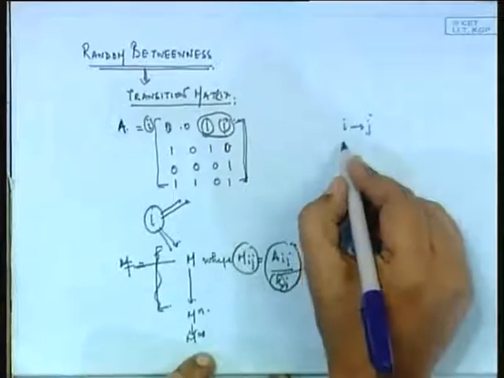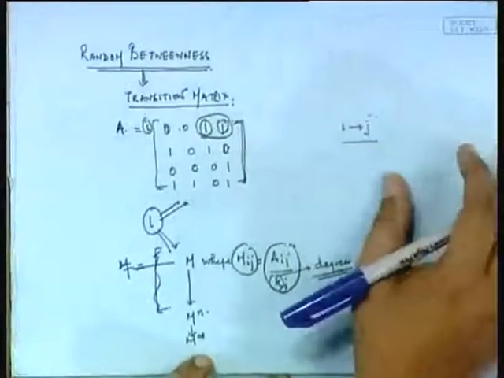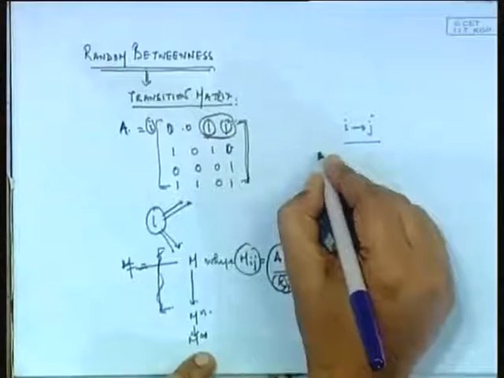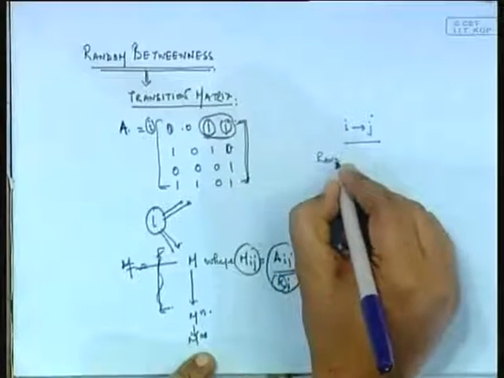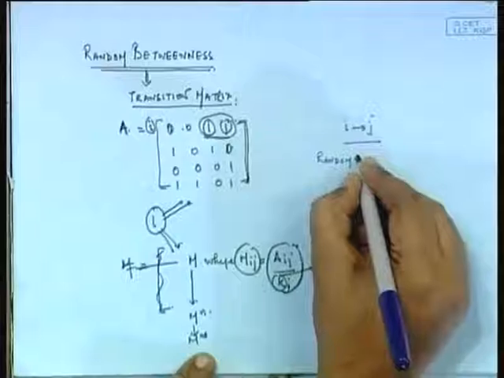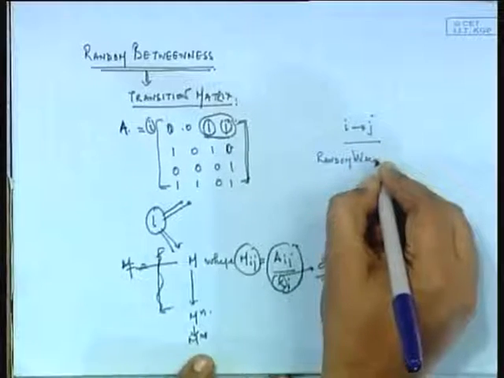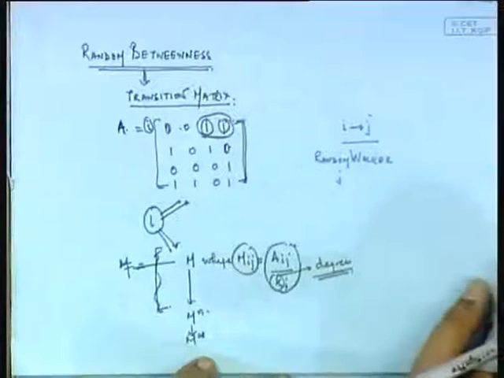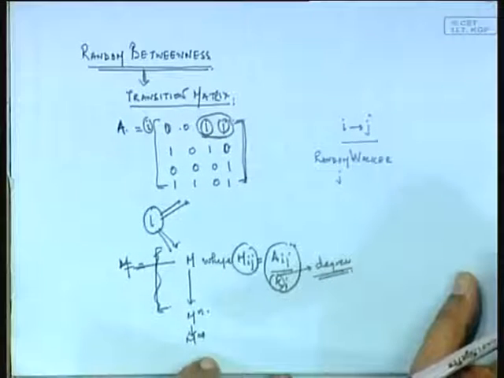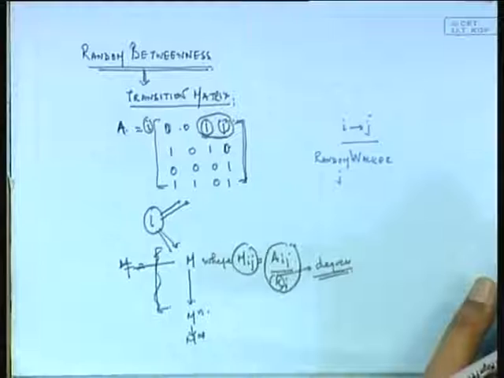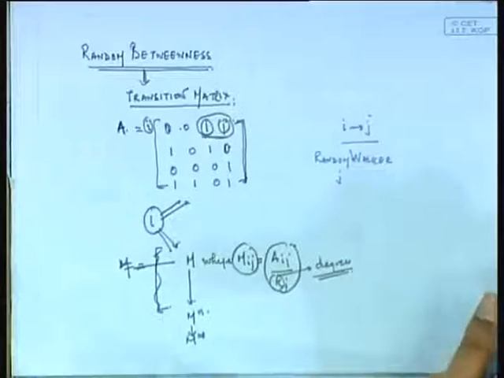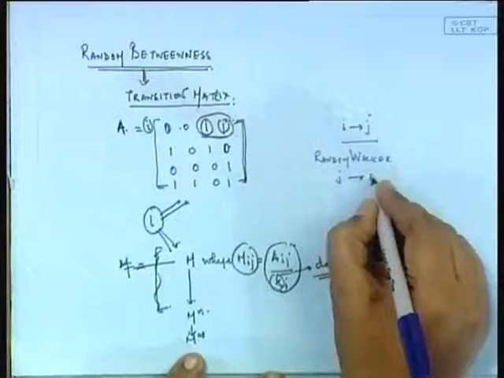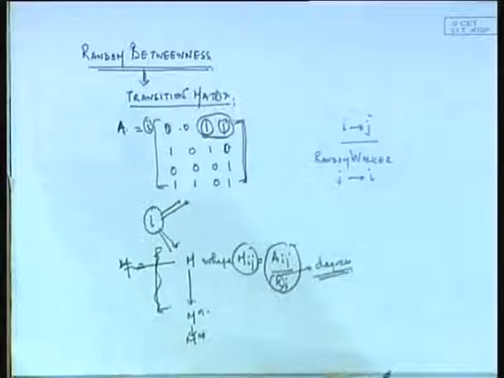Now, what do I want? I think there is a random walker going, and the random walker starts from j. What is the probability that it will be at i after one step?